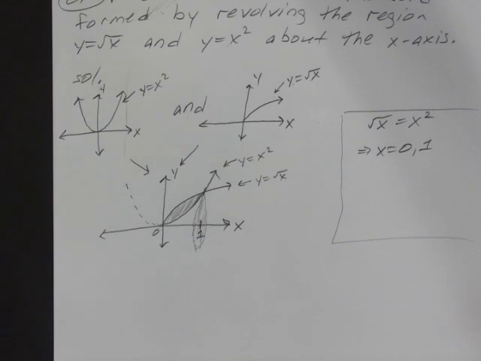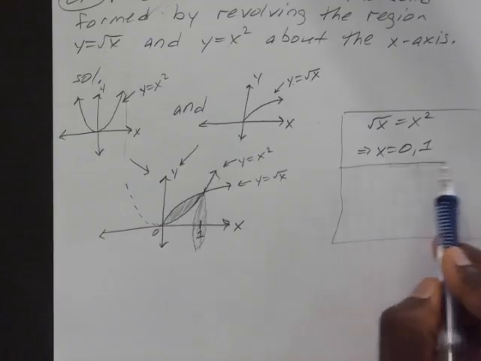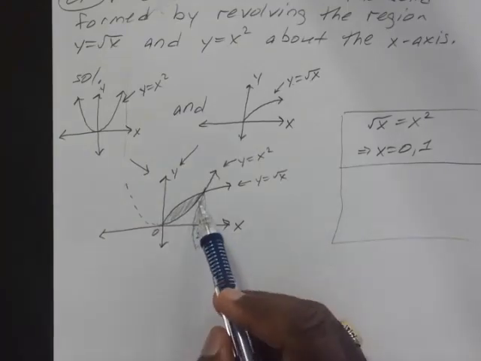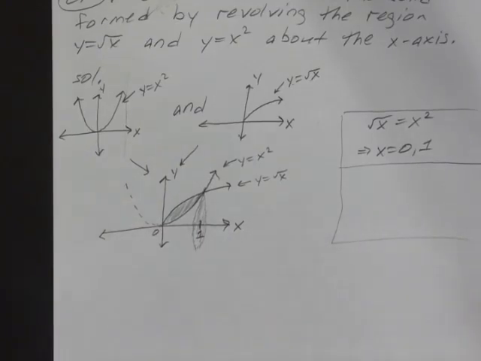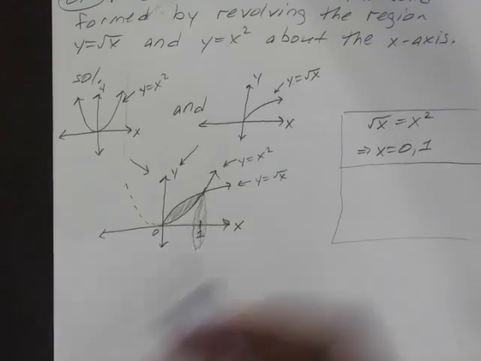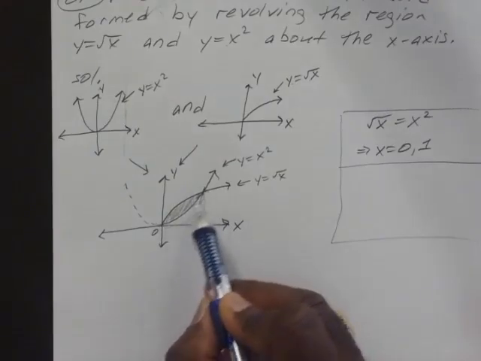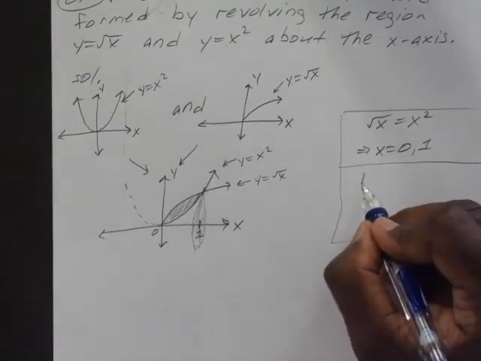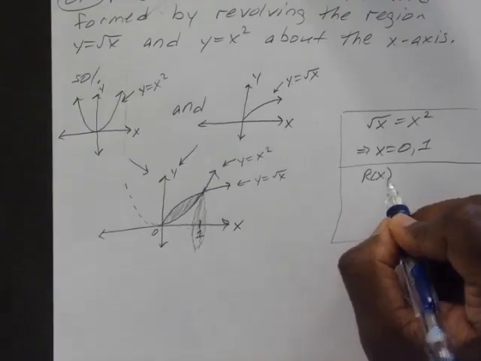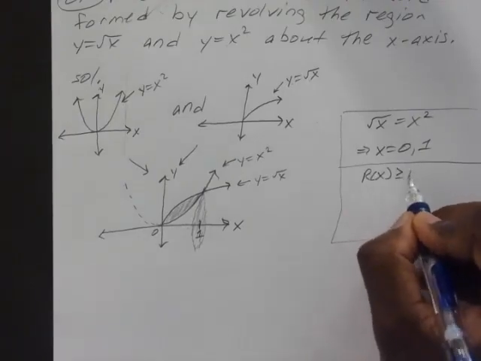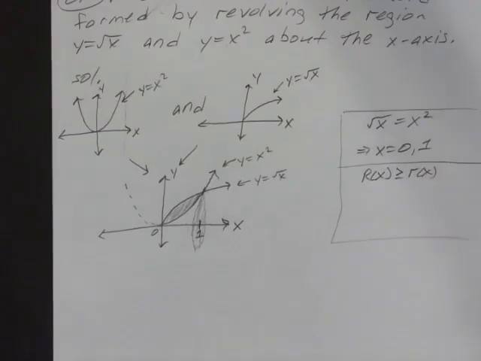Okay, so now we have to figure out which one would be our outer radius and which one would be our inner radius. Well, we can tell from the graph that square root of x is the greater function. So we know that R of x has to be greater than or equal to the inner radius function.